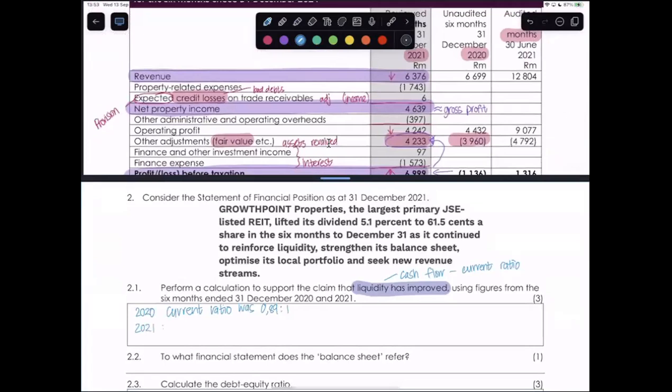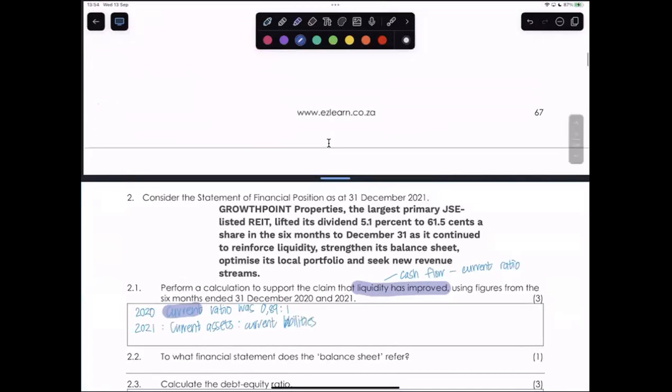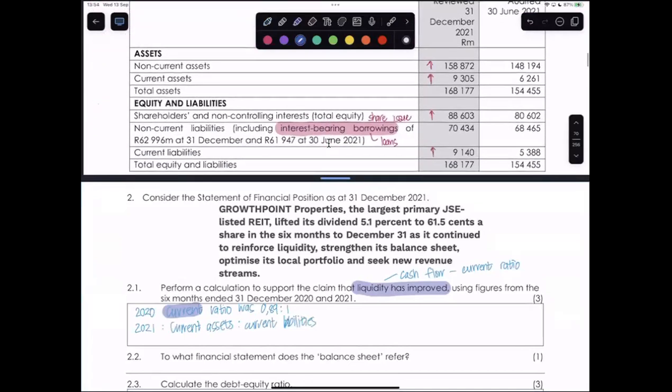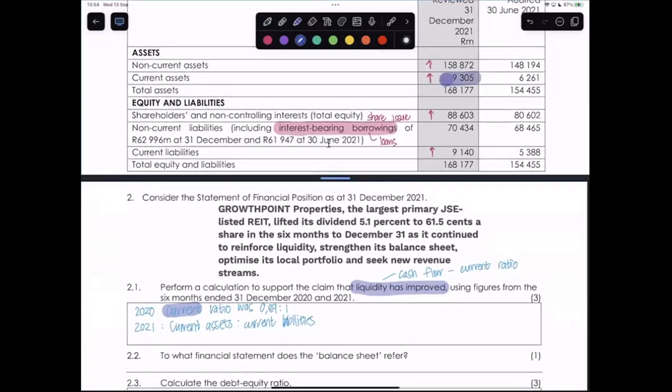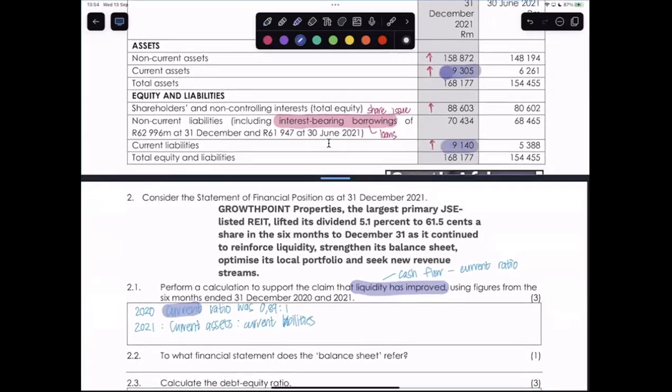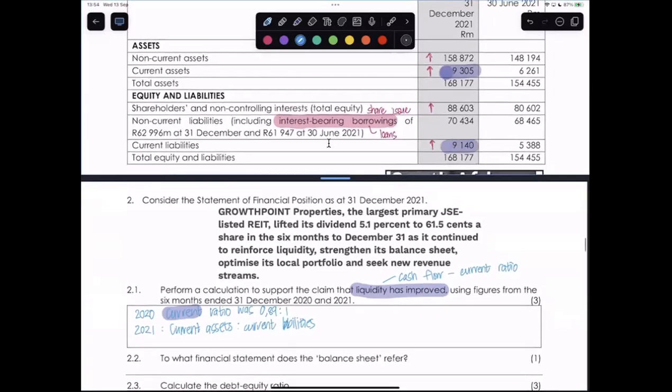And the way that you calculate the current ratio, it's actually quite a beautiful one, because the word current gives you a very good clue that you need to use your current assets compared to current liabilities. So in this case, you will use the current assets of 9305 and the current liabilities of 9140.